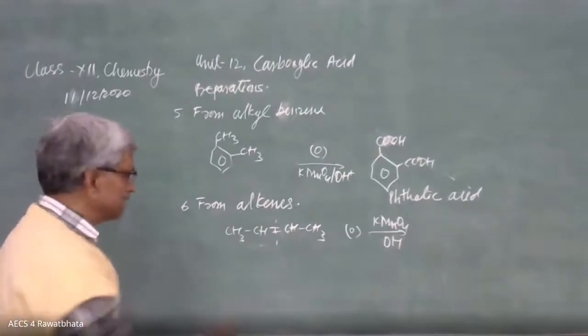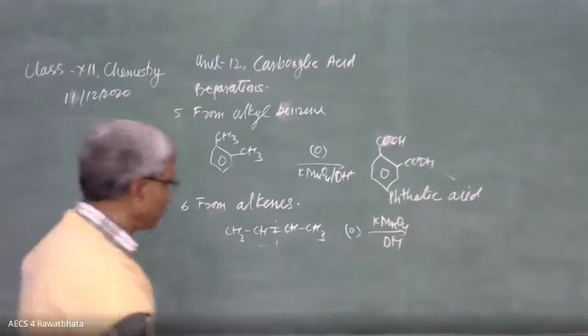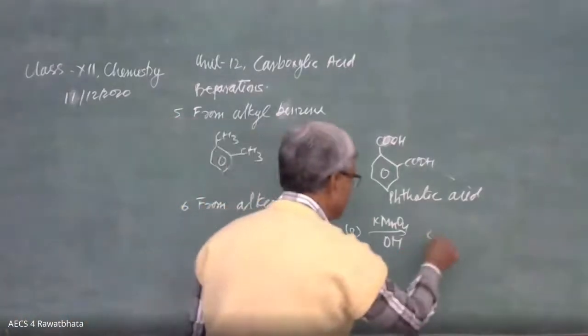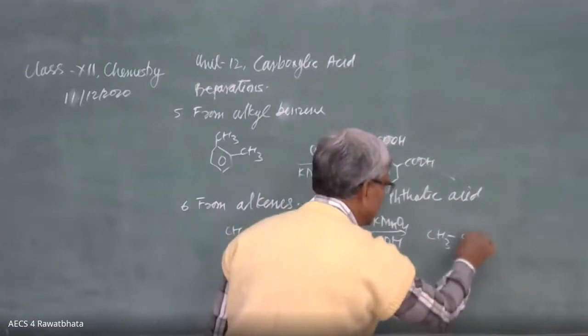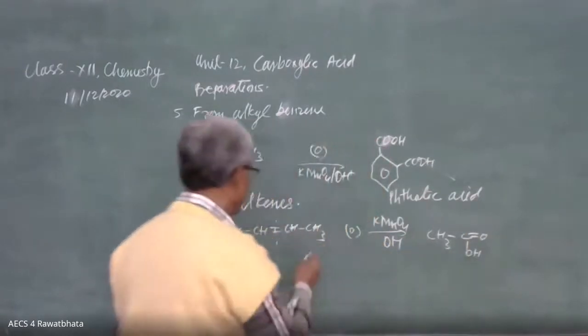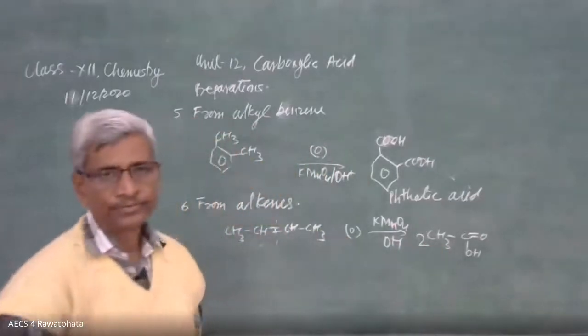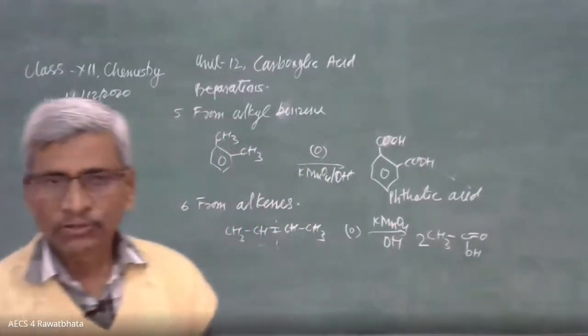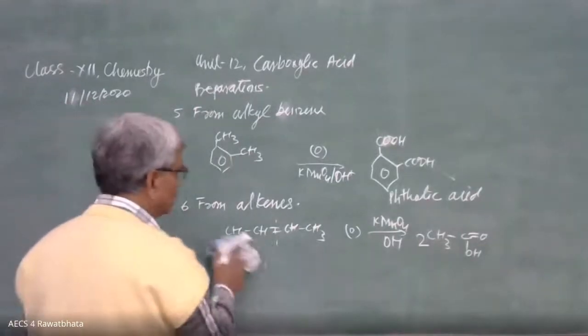After that, this H is converted into OH and one oxygen joined to that carbon, it is going to form CH3C, here is OH and here is double bond O. Both sides have the same number of carbon, that's why we are getting this type of compound. So this type of alkenes can be converted into carboxylic acid.